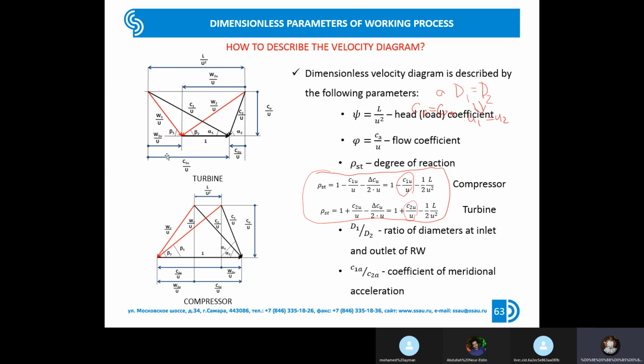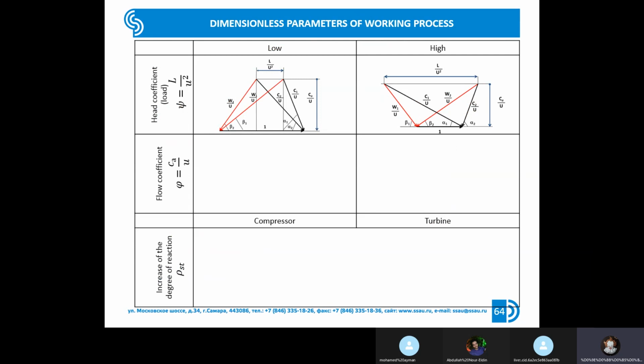A few moments dealing with the dimensionless velocity diagram. So, how does changing these 3 parameters influence the shape of the velocity diagram? If you are increasing the load coefficient, it means you are increasing the distance between the ears. If you are reducing it, the ears become closer.